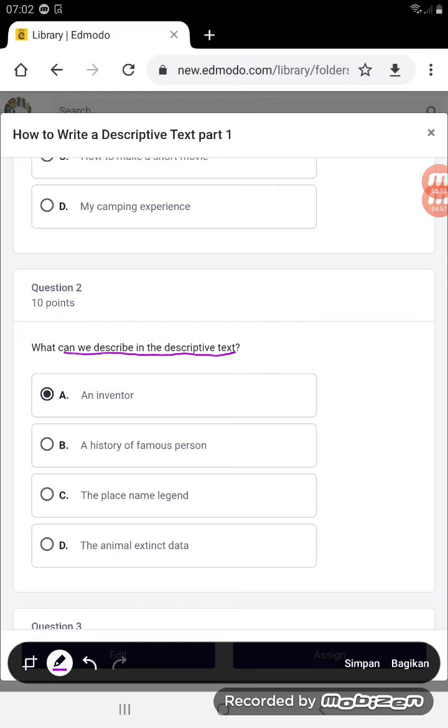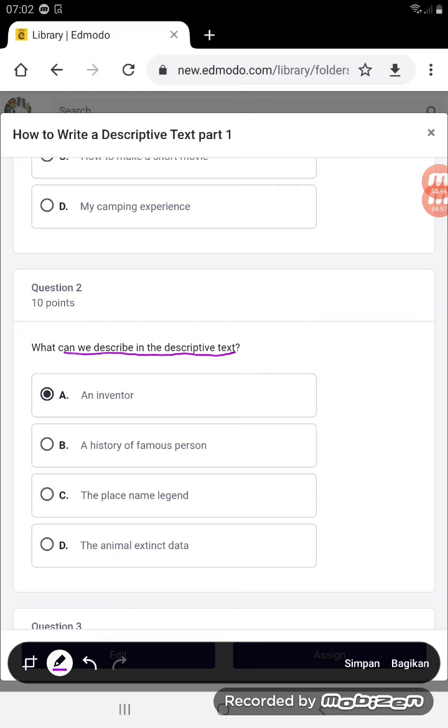The first, a person. The second, things, like a bottle, a radio, a house, a pen. Third, a place. And the fourth, of course, an animal, similar to a person.